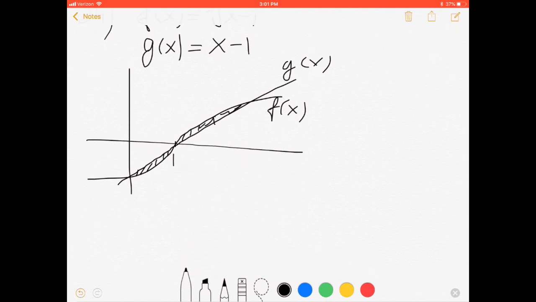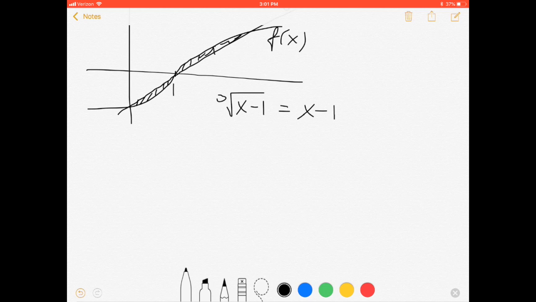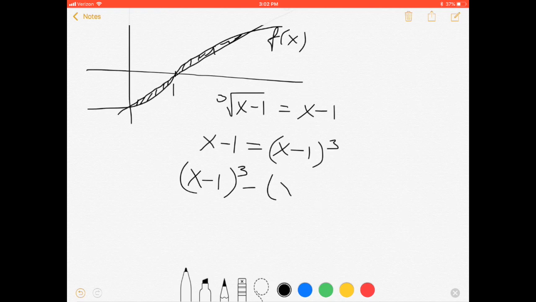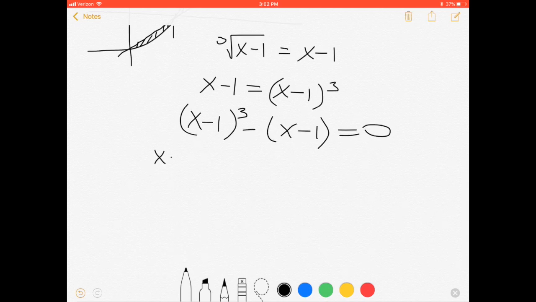First I need to find the intersection points. This means where the cube root of x minus 1 equals x minus 1. We can cube both sides, and we have x minus 1 equal to (x minus 1) cubed, or move to one side and factor. Maybe I'm doing it step by step. It's no problem, we have time. X minus 1 out, and here you have (x minus 1) squared minus 1.